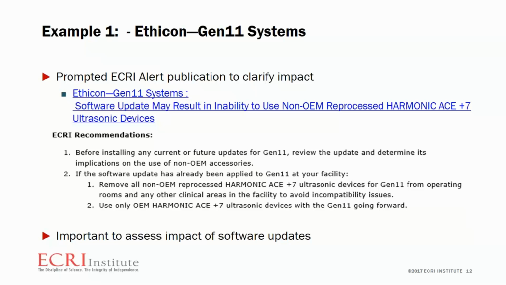But again, highlighting how important it is through all of these processes to make sure that any software updates, whether they're cybersecurity or otherwise, you appropriately assess the risk as well as what the impact to your clinical workflow is. Especially with these devices, one of the key concerns was that the Ethicon-Gen11 was actually not a wireless or network-connected medical device, nor did it contain any PHI.